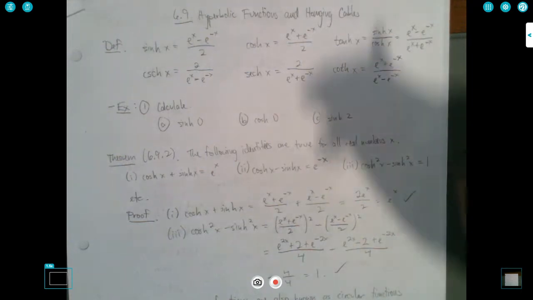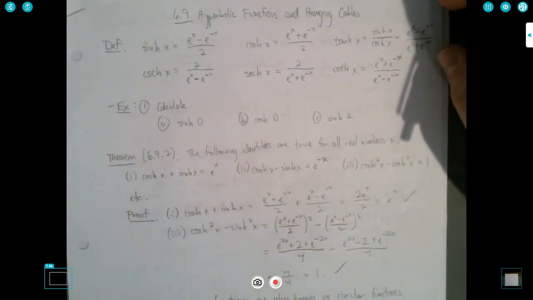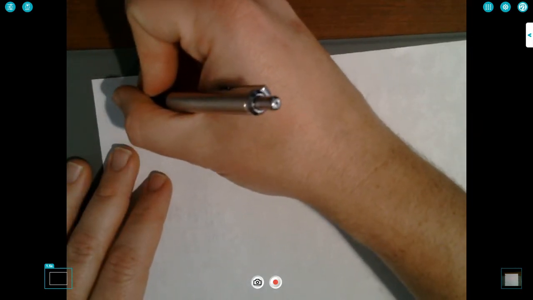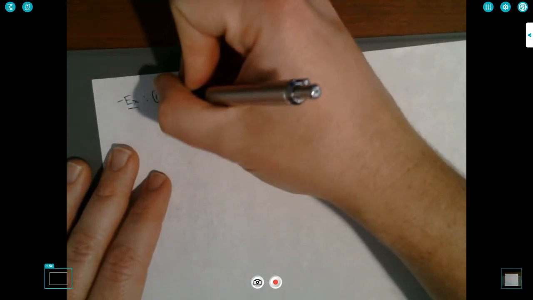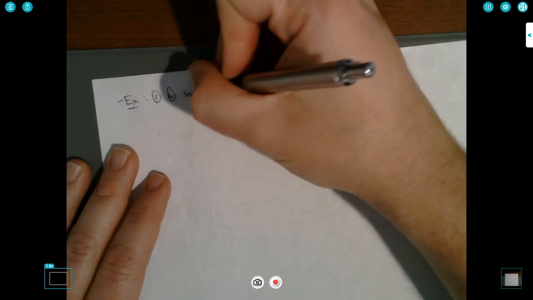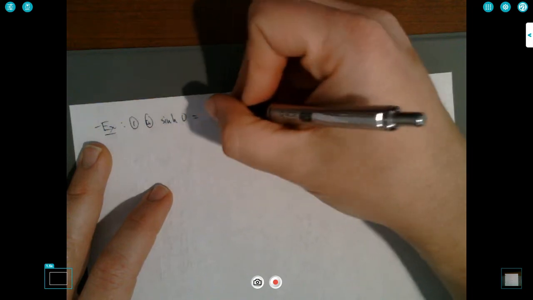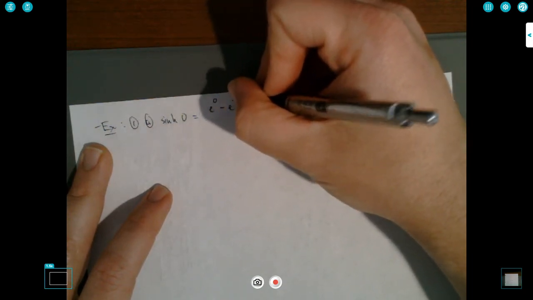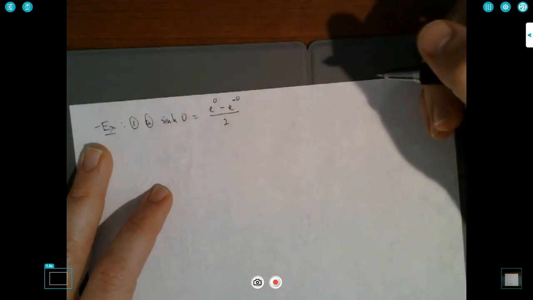But anyway, let's practice with this a little bit. Let's calculate cinch of 0, cosh of 0, and then cinch of 2. Cinch of 0. Well, by definition, cinch is e to the x minus e to the negative x over 2.